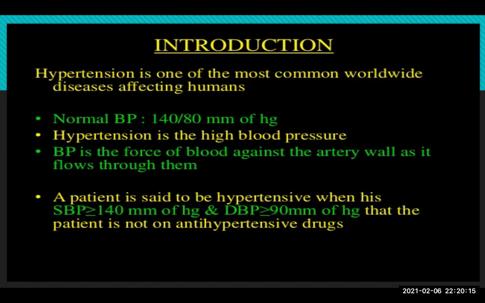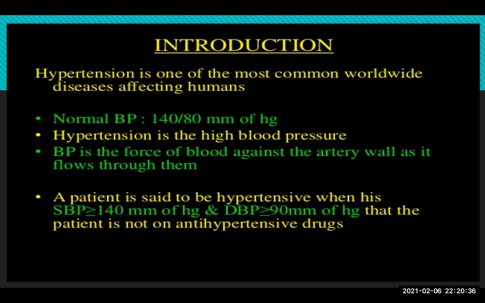So hypertension is high blood pressure, which is higher than this number. But the average and common readings of blood pressure could be around 120 systolic and 80 diastolic.